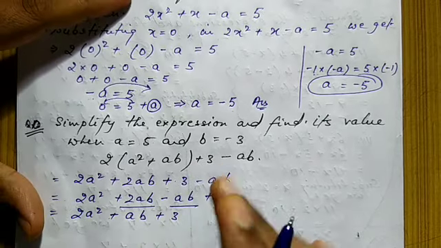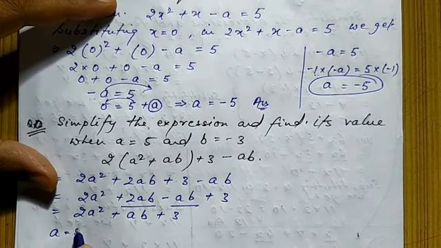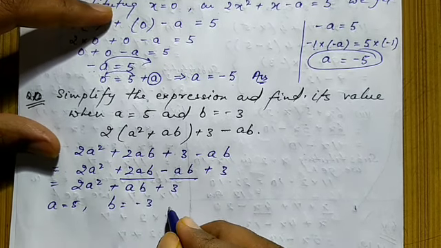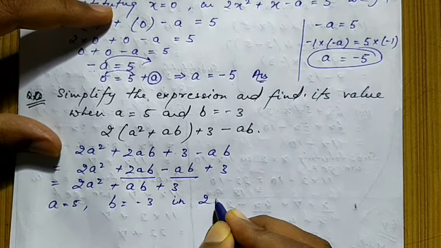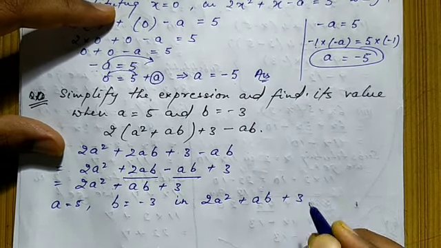Now put the value of a is equal to 5 and b is equal to minus 3 in 2a square plus ab plus 3.